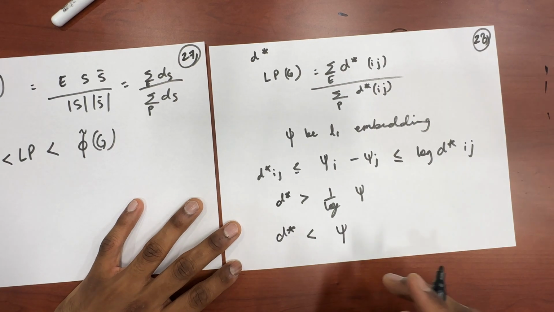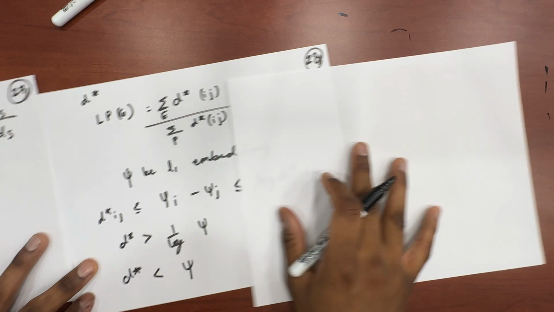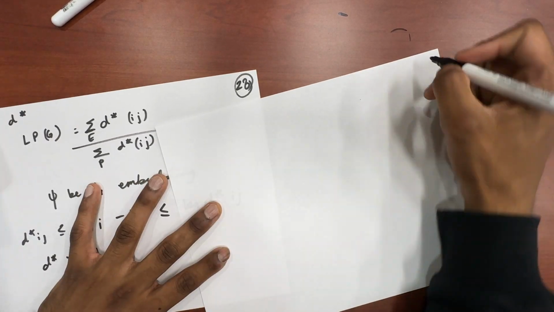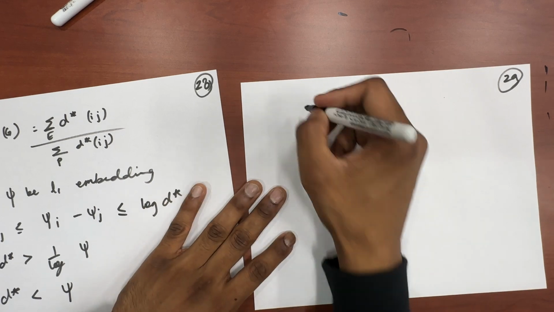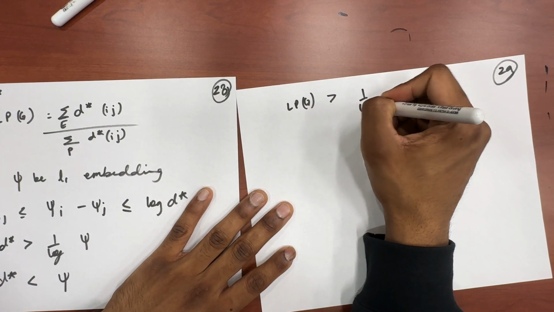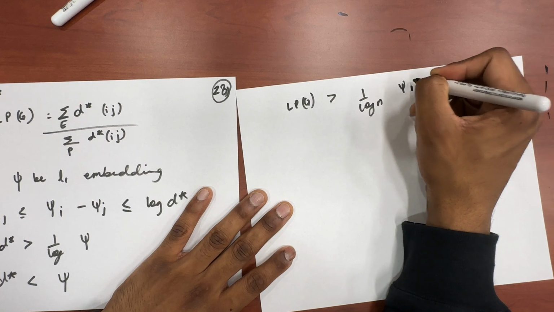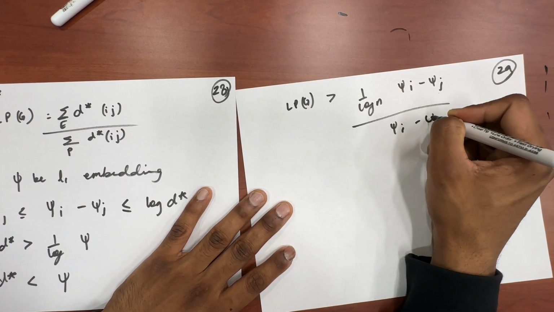So this becomes, forgive me, that LP of G is always greater than 1 over log n times the sum of psi i minus psi j over edges, divided by the sum of psi i minus psi j over pairs.